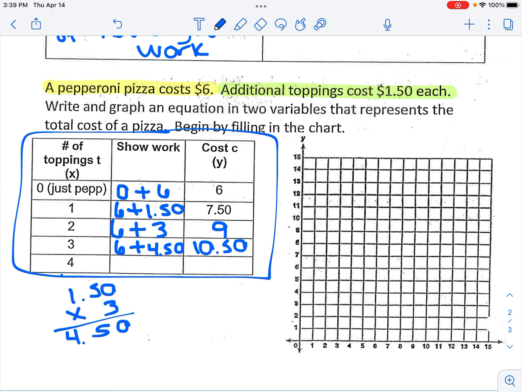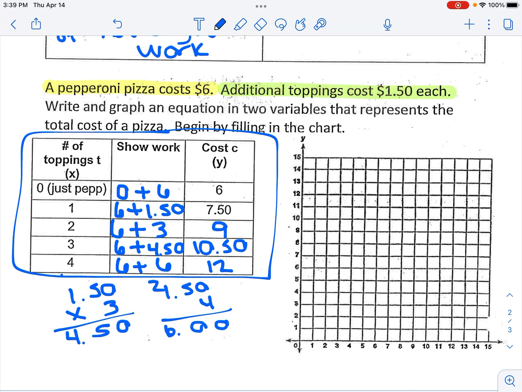What if you're going to get really wild and crazy and you want 4 extra toppings? Well, what's $1.50 times 4? $6 extra. So $6 for the pepperoni pizza plus another $6 for your 4 extra toppings. That would be a $12 pizza.